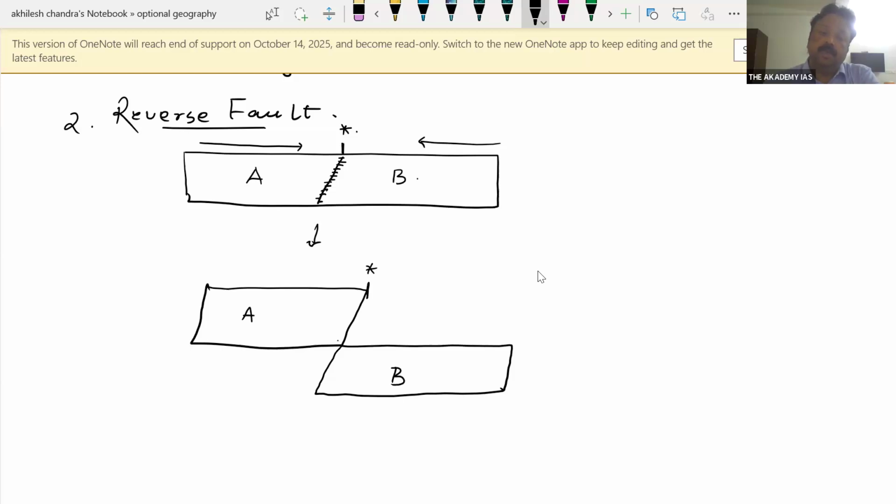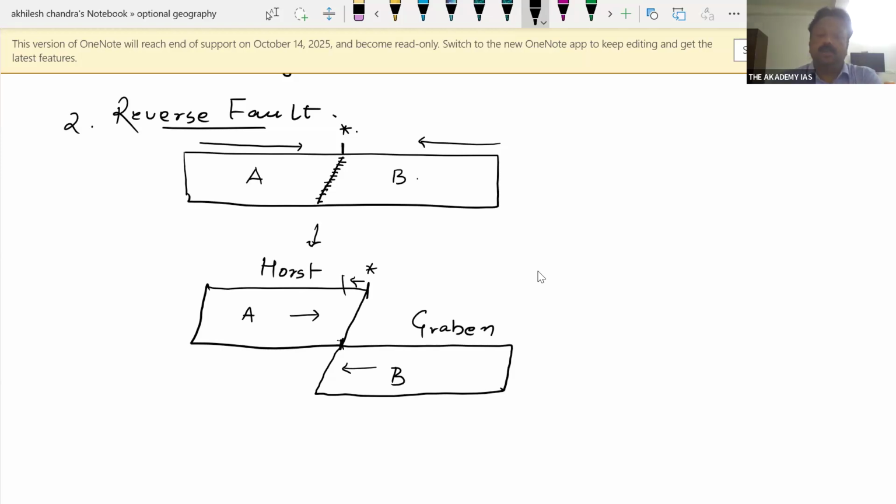And now both are coming closer to this. So block A and block B are moving towards each other. Again, we happen to see the graben, the rift valley, as well as horst.